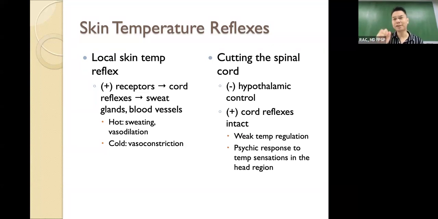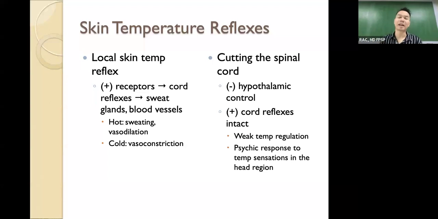Of course, the blood vessels in the entire body will not constrict, only that region. So that's a cord reflex. Similarly, if you place a warm compress on an extremity, vasodilation and localized sweating occur in that region. So those are just cord reflexes.